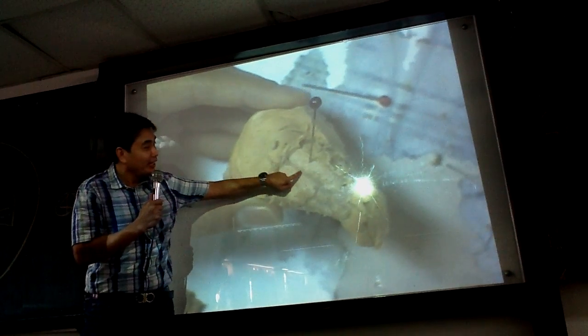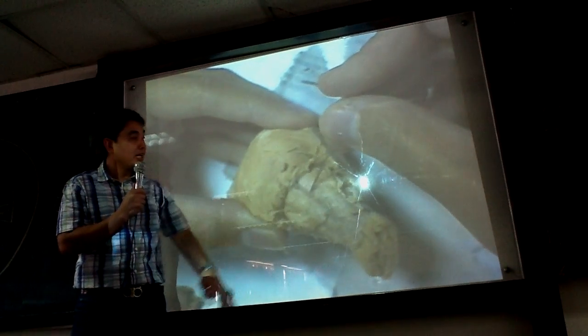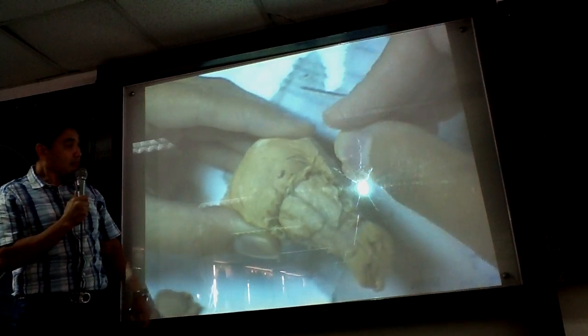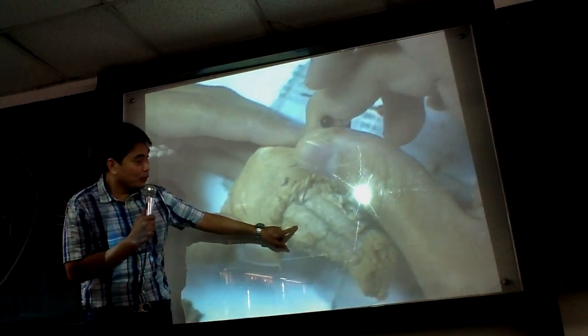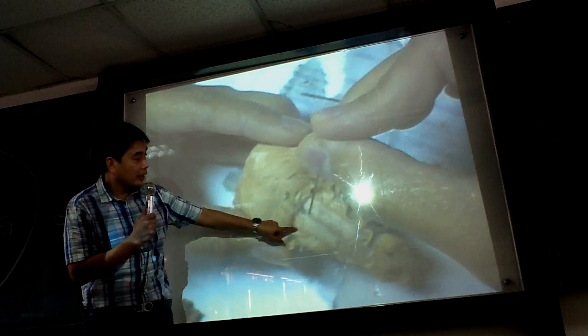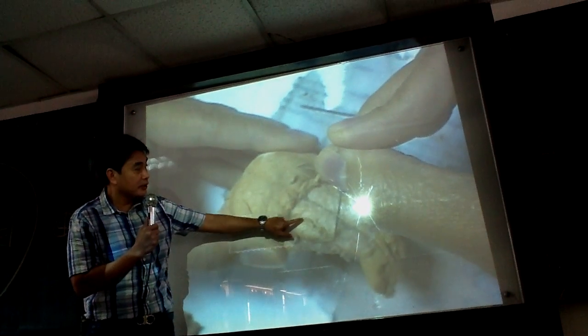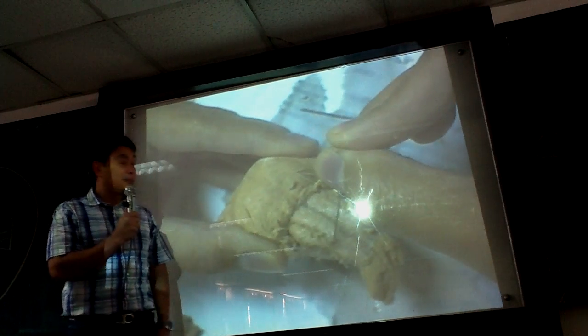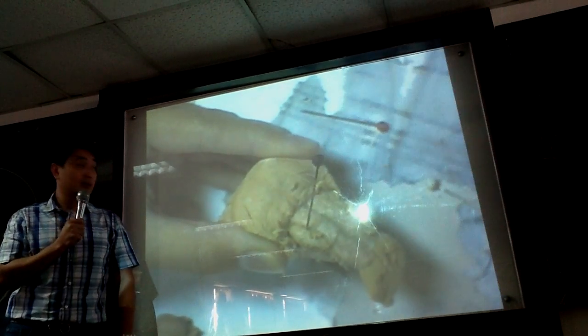Then you have the ventral median fissure. Nakita nyo class yung sulcus dito? Lateral to the pyramid, this is your anterolateral or pre-olivary sulcus.